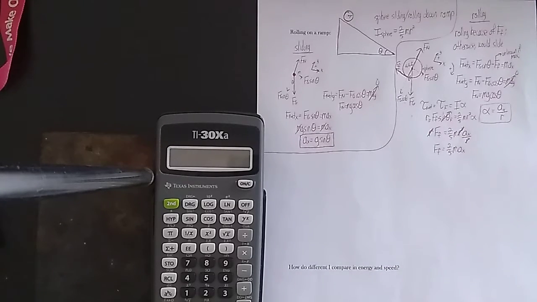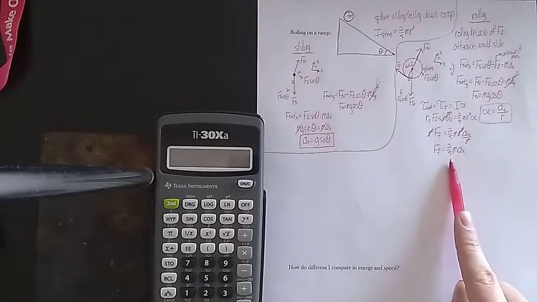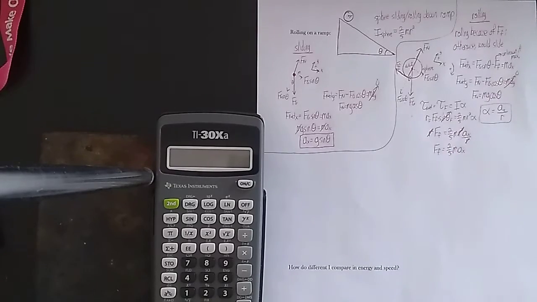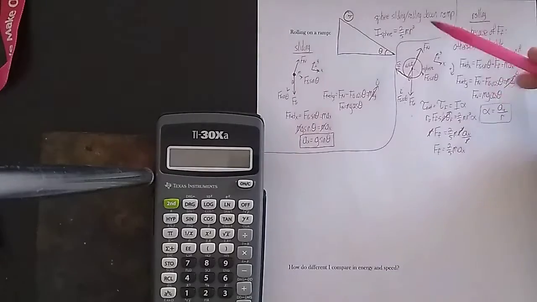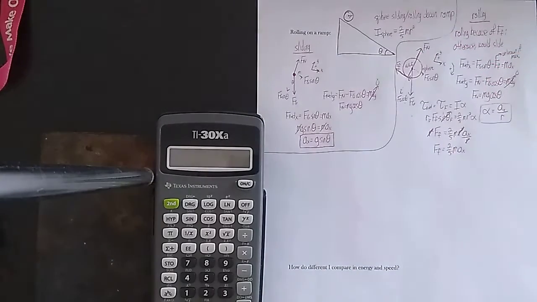And if we're assuming rolling, we now know that the force of friction must be equal to 2/5 times m times ax. And remember where that 2/5 came from. It came from the moment of inertia of the sphere. So different objects, like a hollow sphere with a different moment of inertia, would have a different value here. A disk or a hoop would have different values here.